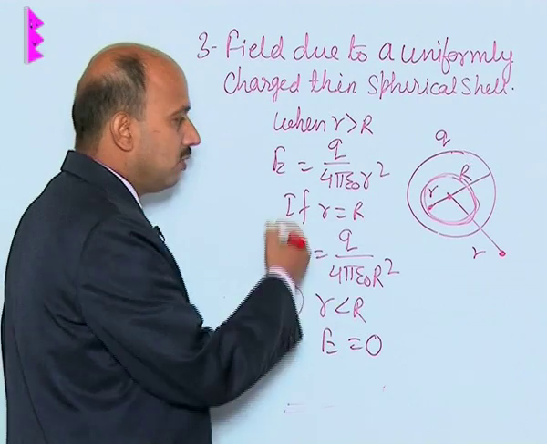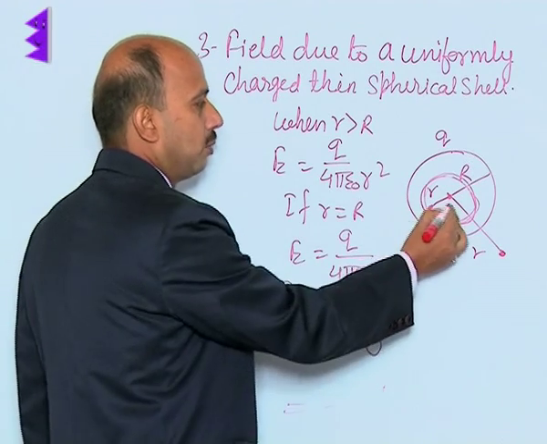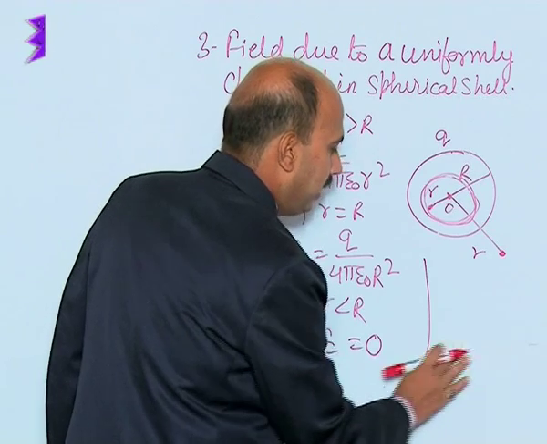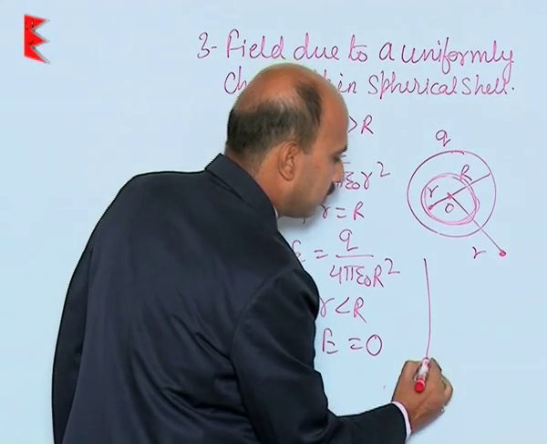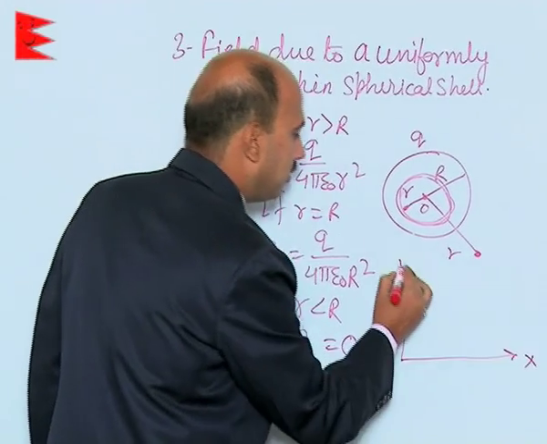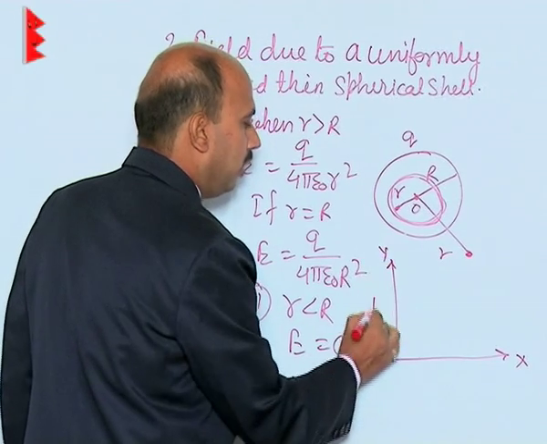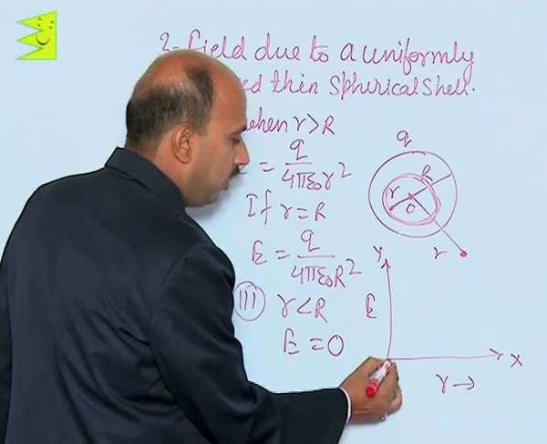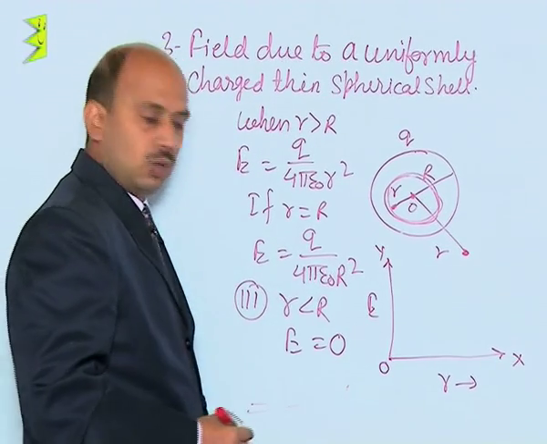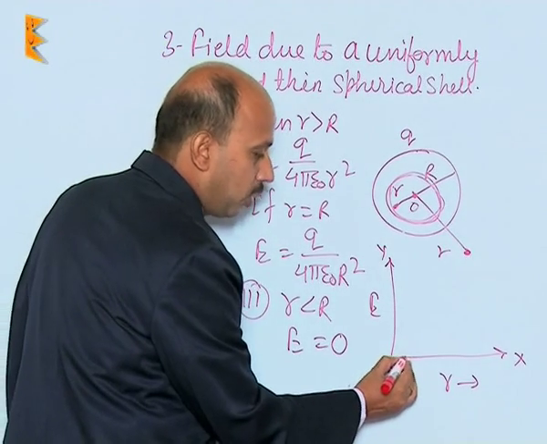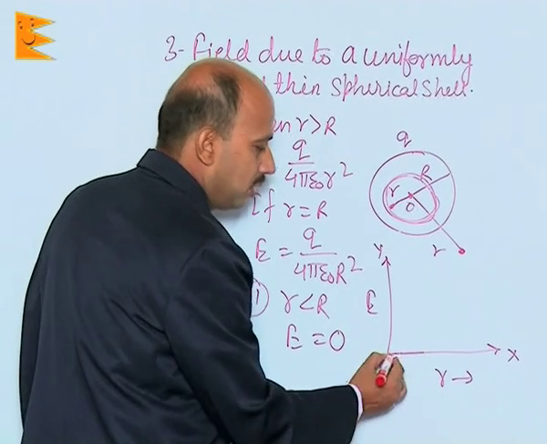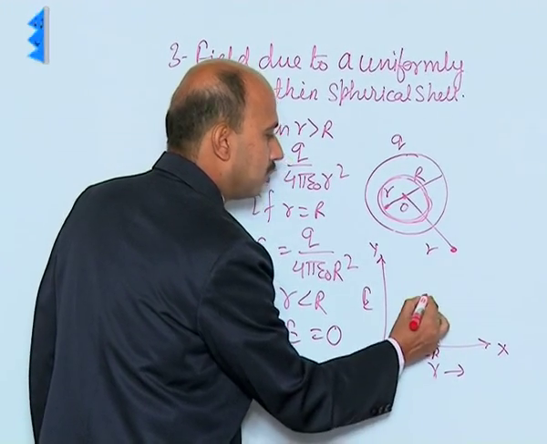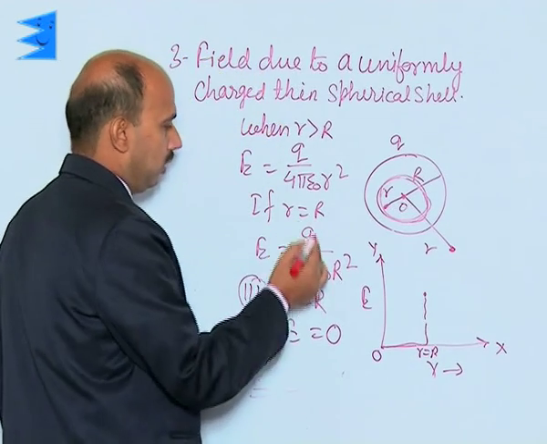We can show this variation of E from the center of the shell with the help of a graph. This is the x axis, this is the y axis. Here we have taken E and here is r. O is the center of the sphere. When we start moving from the center of the spherical shell, at r is equal to R, electric field is maximum, that is this much.